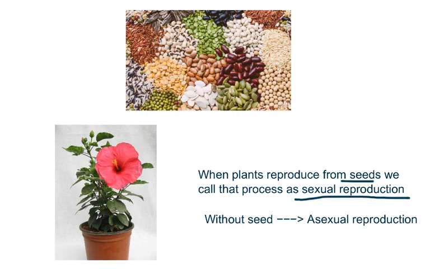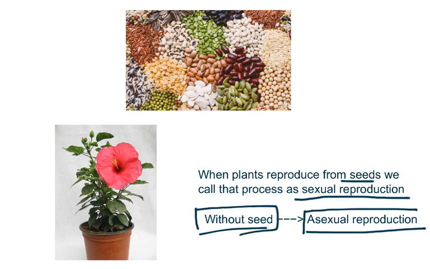All the other ways of reproduction without seed are called asexual reproduction. So if a plant reproduces its young one without seed, then that process is called asexual reproduction.